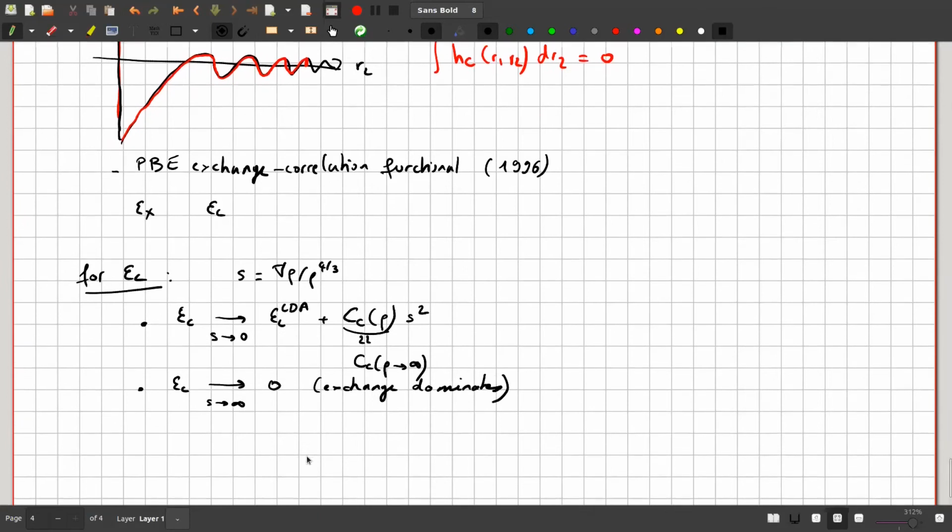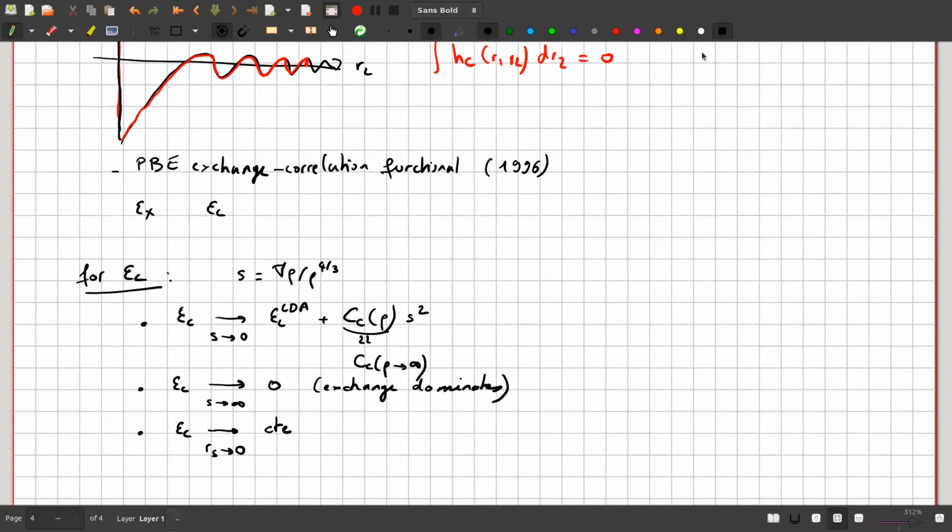And the last condition to correct the LDA is to say that in the high density limit, that is when Rs goes to 0 or rho goes to infinity, the correlation energy must not diverge as it does in LDA, but it must go to a constant. And so they impose that.